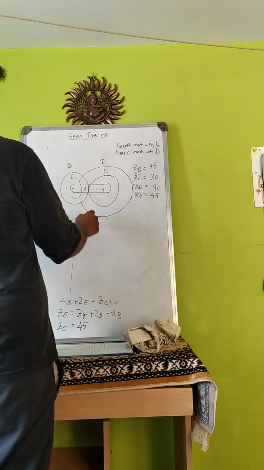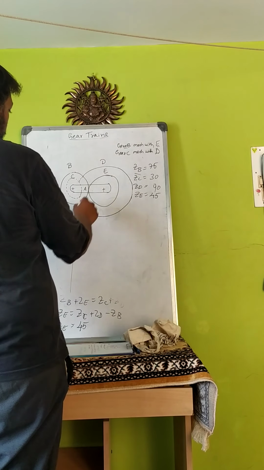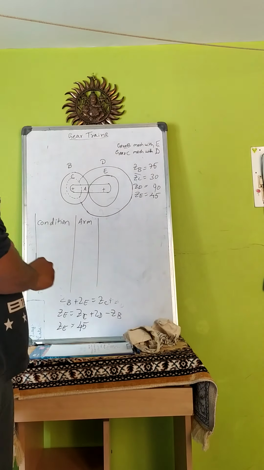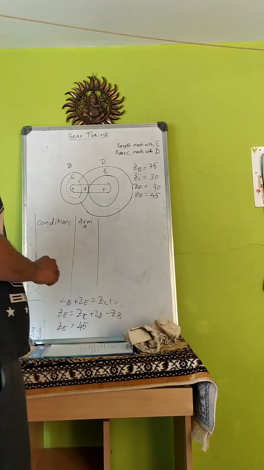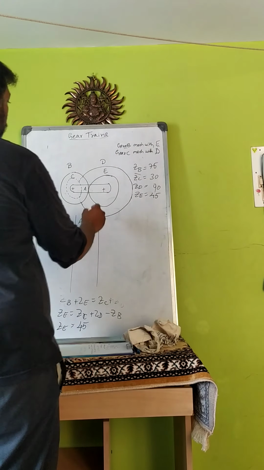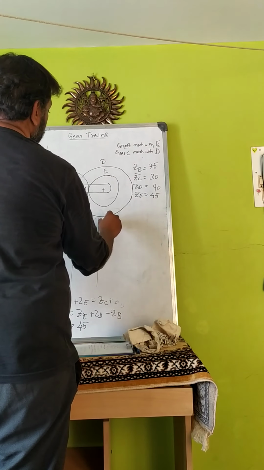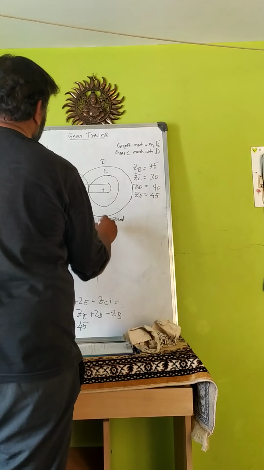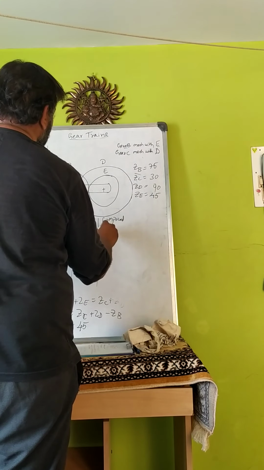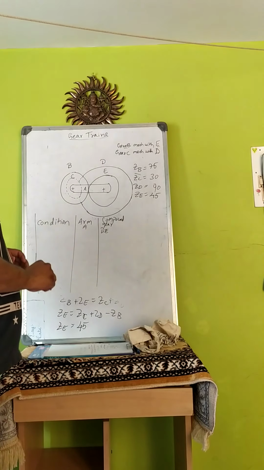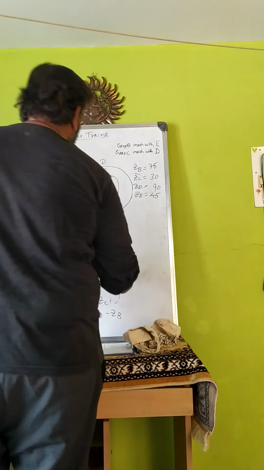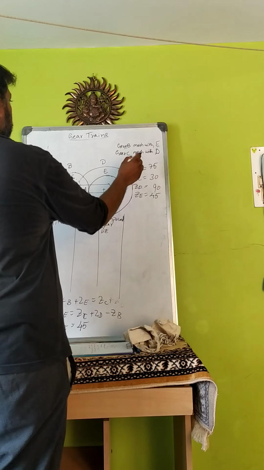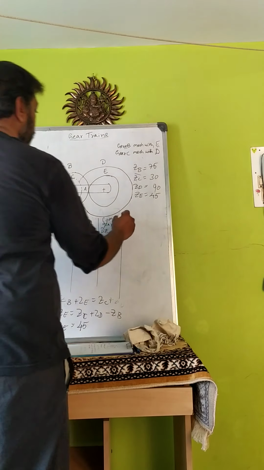So we take first the arm A, followed by the compound gear DE, and gear E is meshing with gear B.